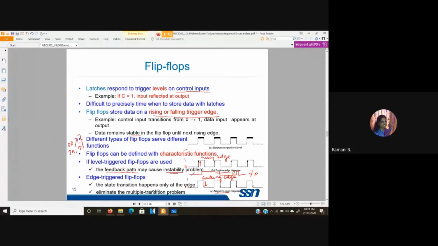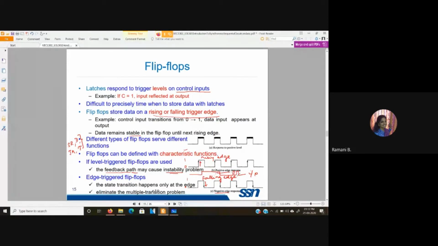So here the value of input is 0. So whatever the circuit has to perform, it will be performing it only with respect to the input value 0. And at this clock, it will be sensing next. Here the input value is 1. So with respect to this value, it will do the operation. Then at this point, it will be again checking. Here the value is 0.